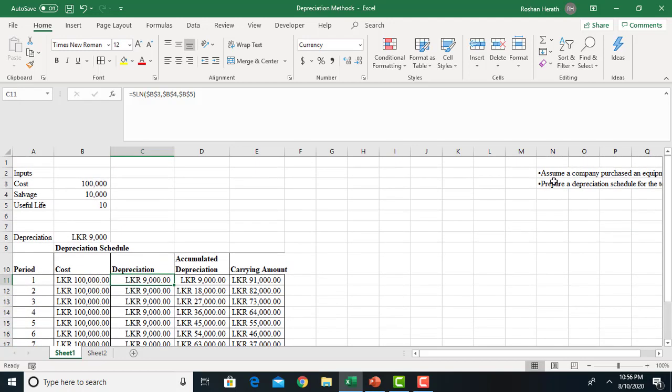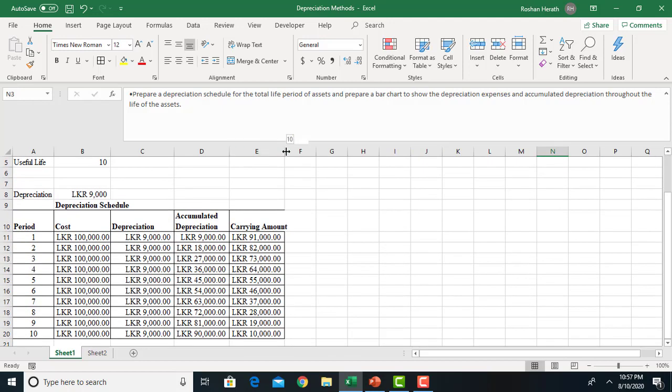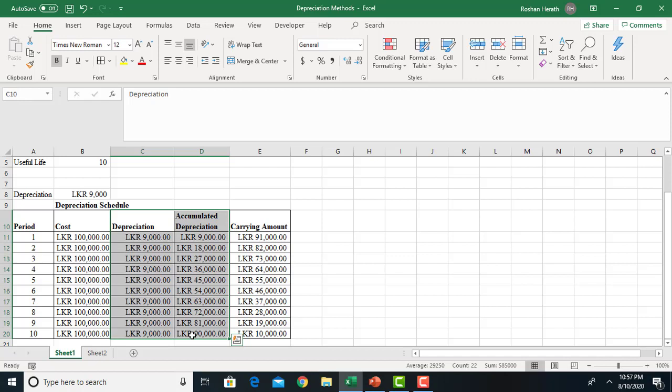Now what we may do is take a bar chart to show the depreciation expense and accumulated depreciation throughout the period. To have a sound representation of this depreciation and accumulated depreciation, you can take this to a bar chart.